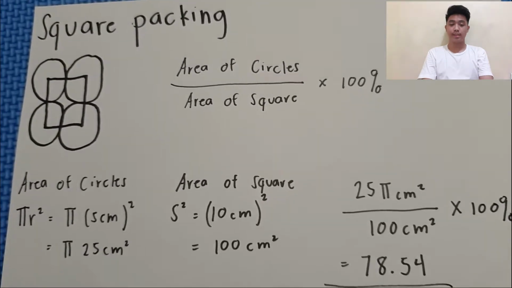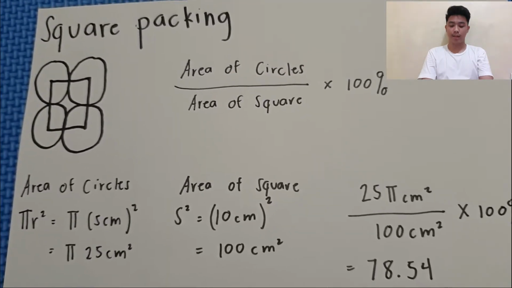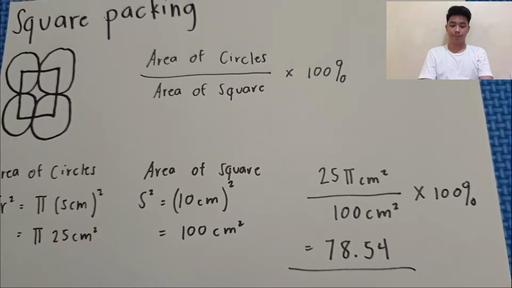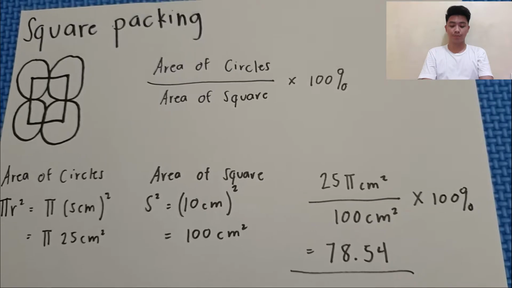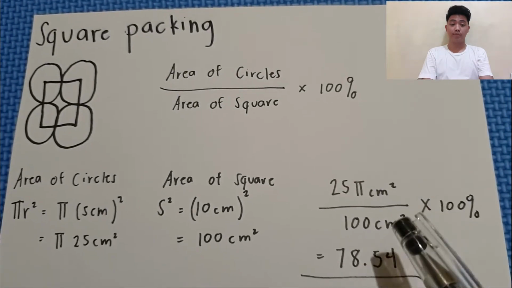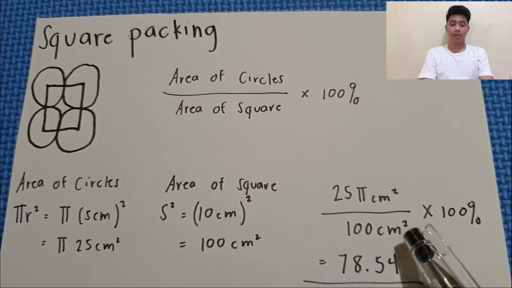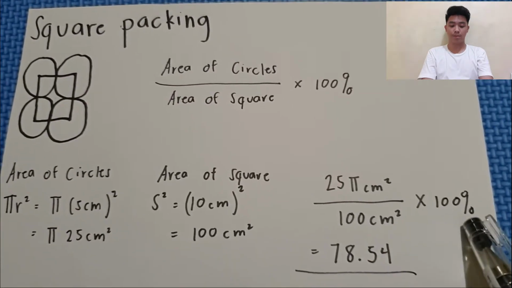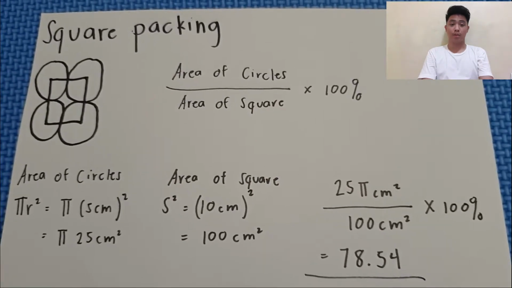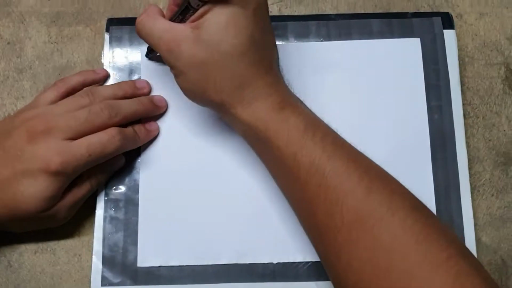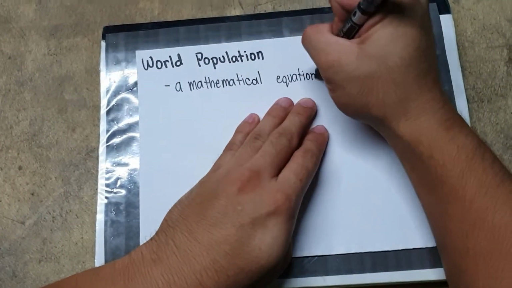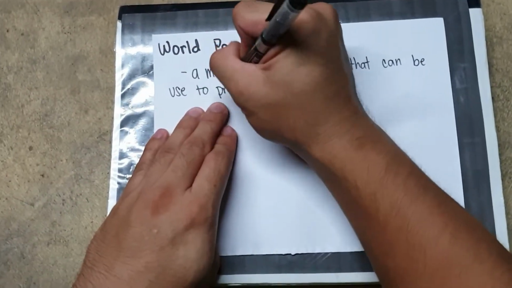So 10 centimeters squared, you will get an answer of 100 centimeters squared. Then you just have to substitute 25 pi centimeters squared over 100 centimeters squared times 100%, so you will get an answer of 78.54%.